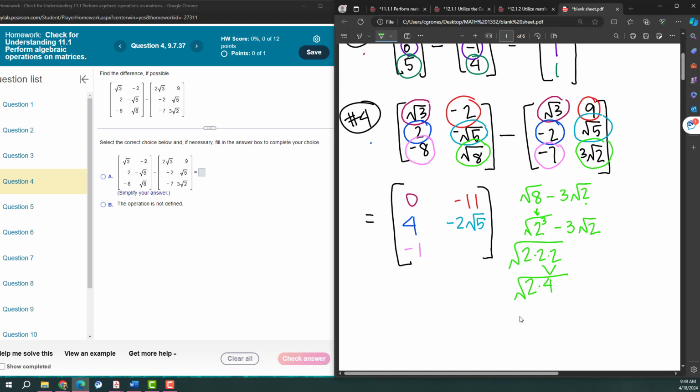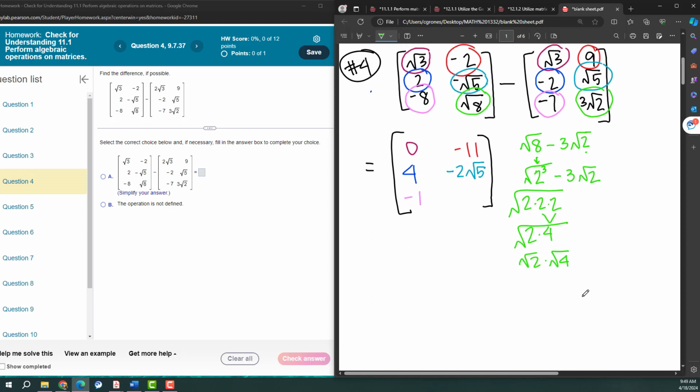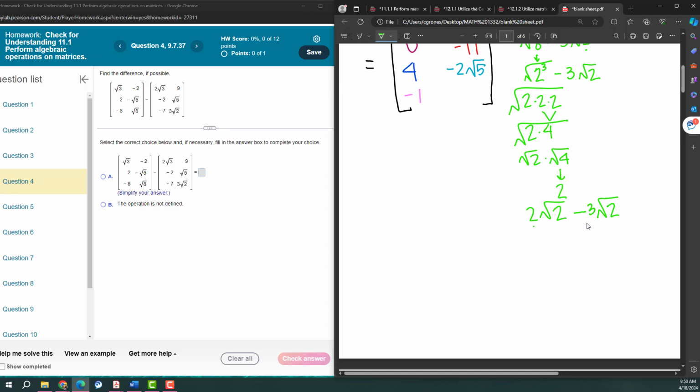But we also know that the square root of 4 equals 2, because 2 times 2 equals 4. So since this equals 2, I can rewrite the square root of 8 as 2 square roots of 2, minus 3 square roots of 2. So 2 minus 3 is going to give us negative 1. So I'm just going to do negative square root of 2. So that is going to be our last piece.